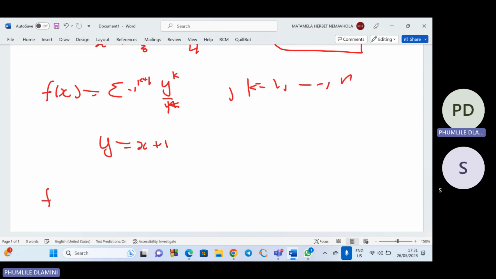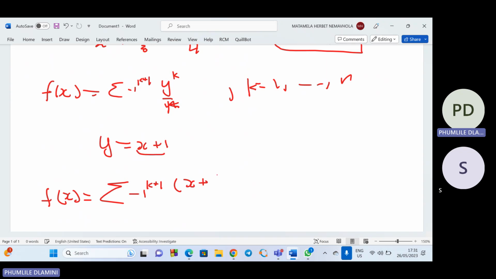Then our f of x is going to equal the sum of negative 1 to the power k plus 1 times x, where there is y, we substitute x plus 1.